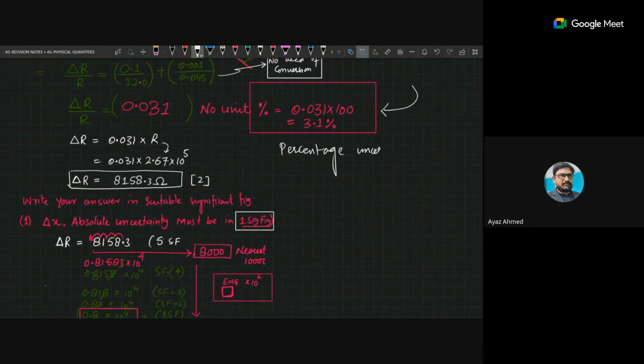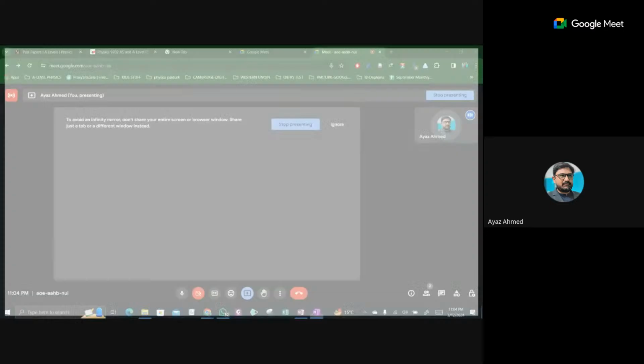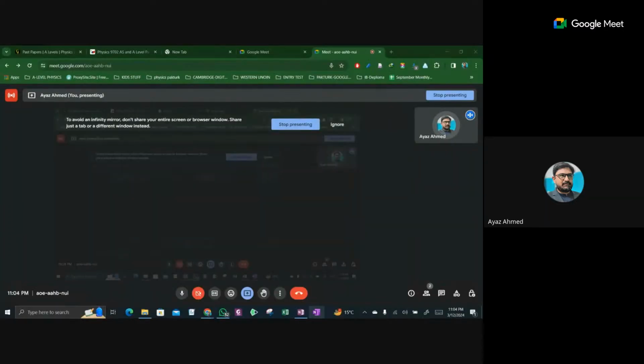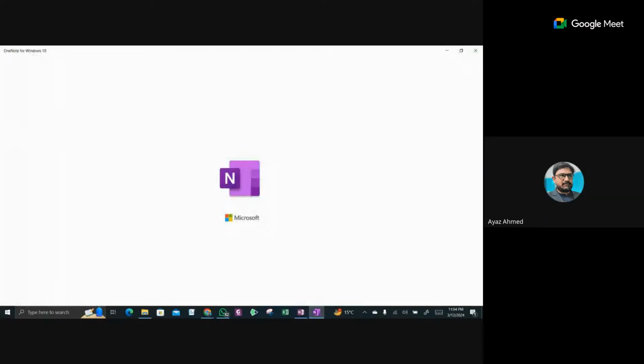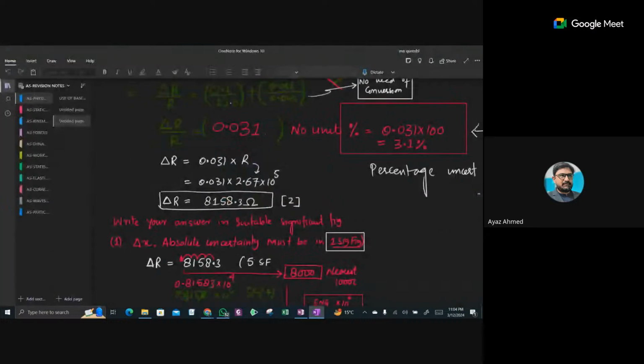Percentage uncertainty. For percentage uncertainty, just switch this. This is your fractional one, 0.01. So the fraction is delta R by R, which is basically 0.031, and multiply that with the value of 100.